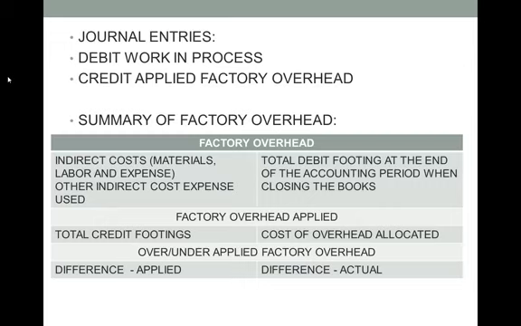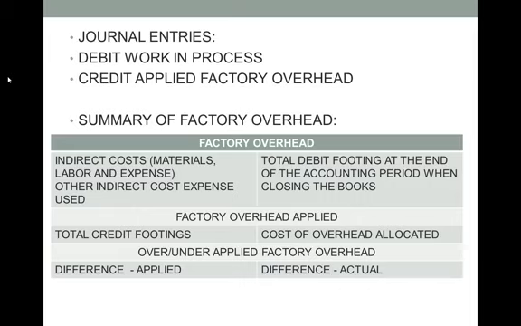So, when it is on the debit side, it is the difference of applied, the difference of what you applied, meaning the variance. And on the credit side, the difference of actual, which is also variance. If the applied is bigger than the actual, you debit the over under applied factory overhead account.